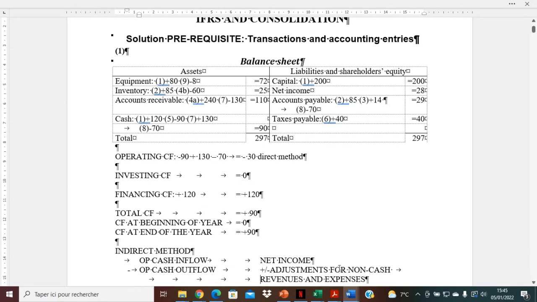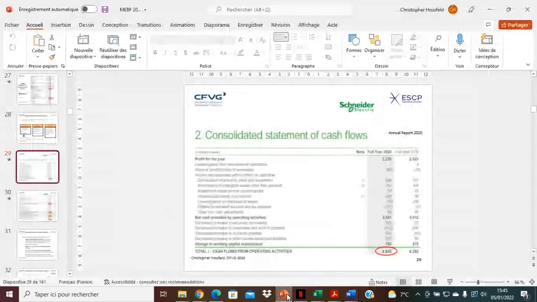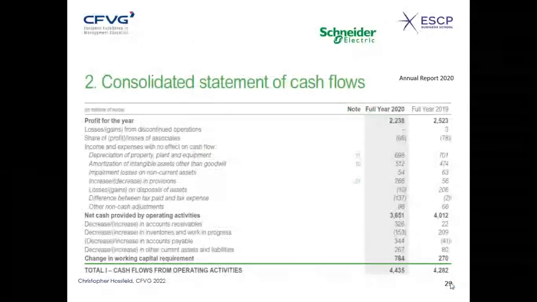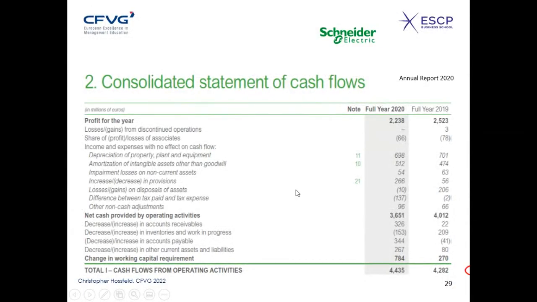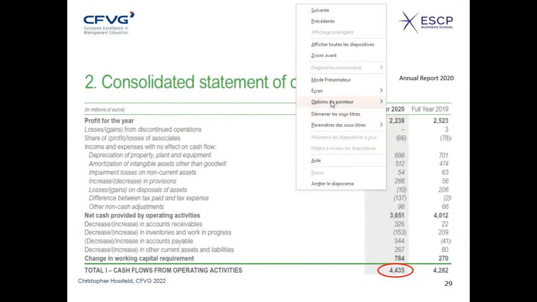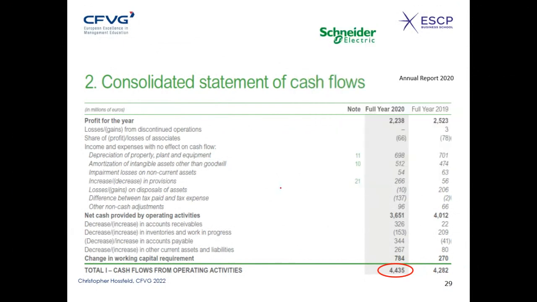Without going further into details, that's what I see here. That's what Schneider is doing. We start with profit, and then primarily I have revenues and expenses with no effect on cash flow, and therefore I adjust.